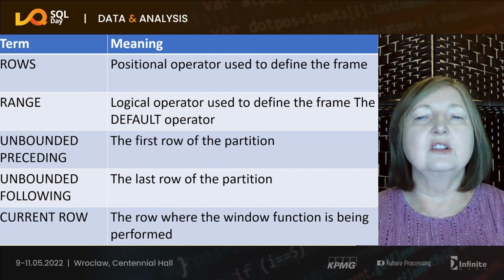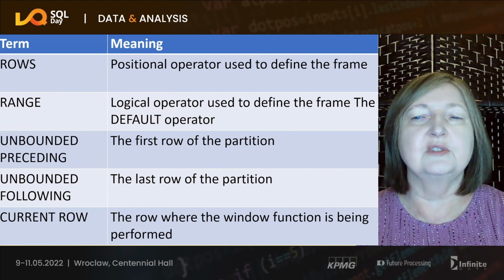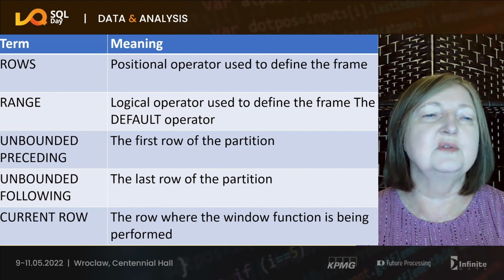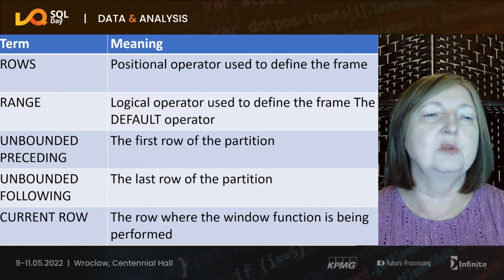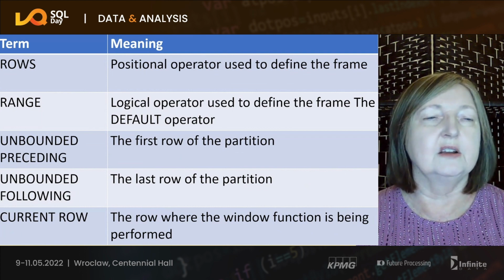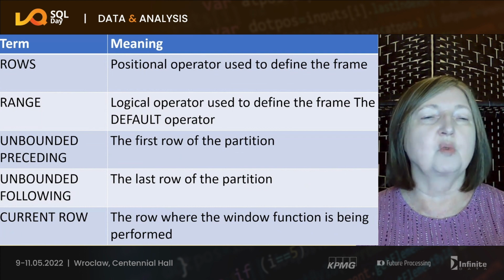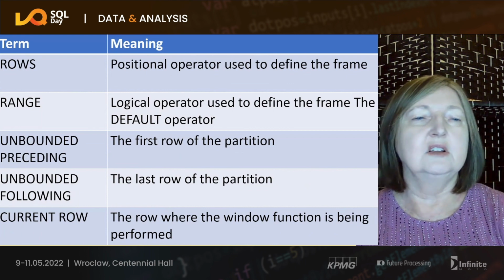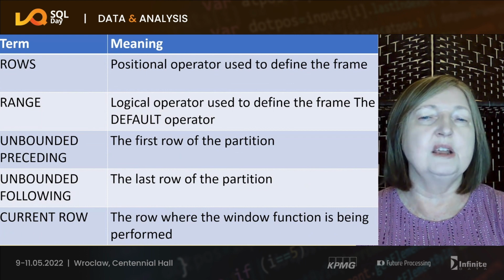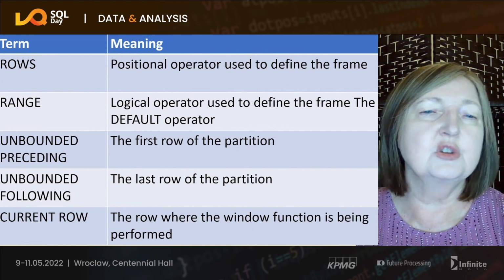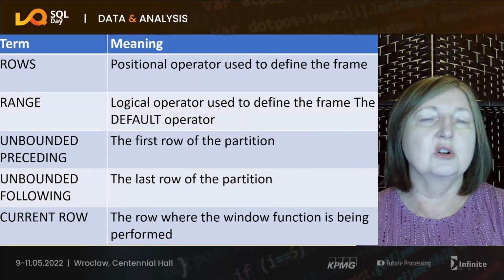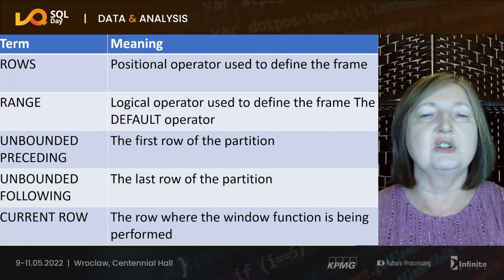Range is a logical operator used to define the frame. This is the default operator that SQL will use if you don't specify. And range always works in tempDB. So range does not perform as well. The other issue with range is that it's a logical operator, not a positional operator.